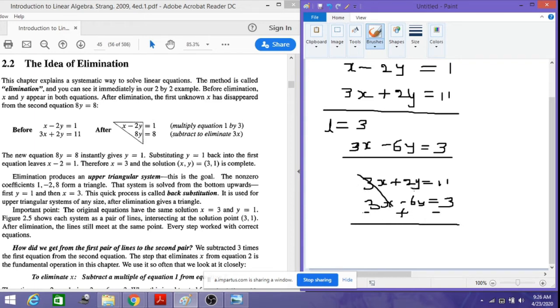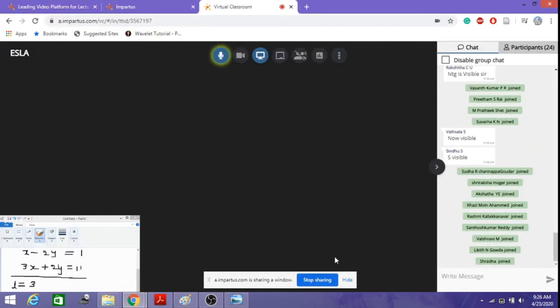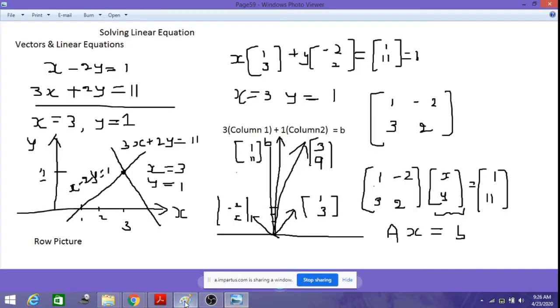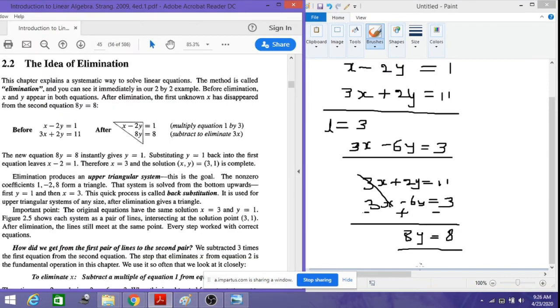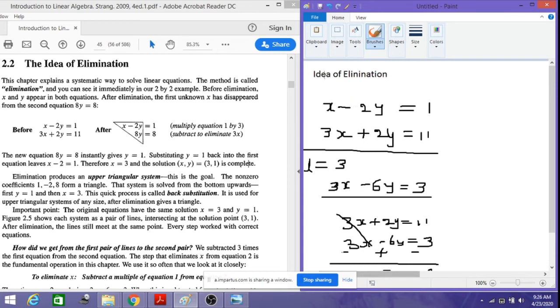So x will get cancelled. For y we will get 8y equal to 8. So this is our new row equation, which is very important to get. Now if I rewrite our matrix equations, that is x minus 2y equal to 1 and 3x plus 2y equal to 11.